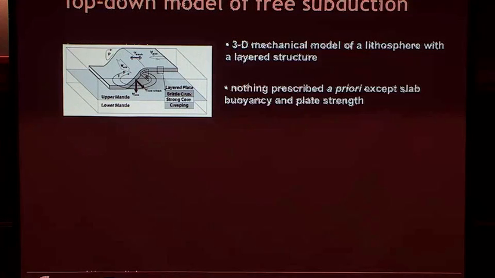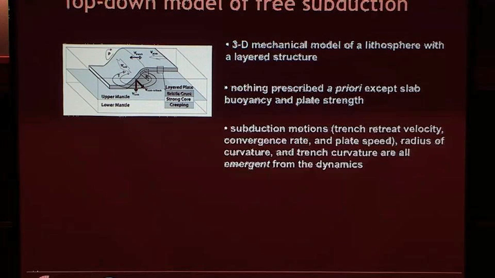They're not imposing where the trench should be, how fast the plate needs to go, how fast it needs to converge. They're letting the buoyancy decide everything and the strength of the plate. So those are the only two things that are specified, and everything else is free to find out what its value should be, including trench retreat rate, convergence rate, plate speed, radius of curvature. All these things are emergent from the dynamics in the system.